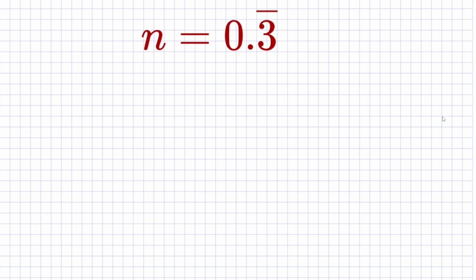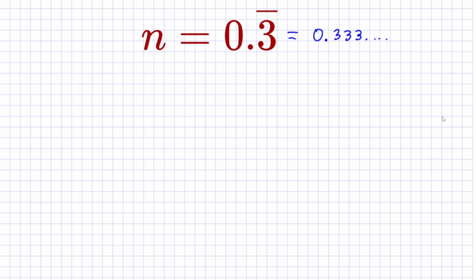So let's take this number, 0.3 repeating, and convert it into a fraction. The key to this is to assign this quantity a name in the form of a variable. So let's just call this number n. Now remember that 0.3 with a bar on top of it means 0 point and then an infinite number of threes after that.